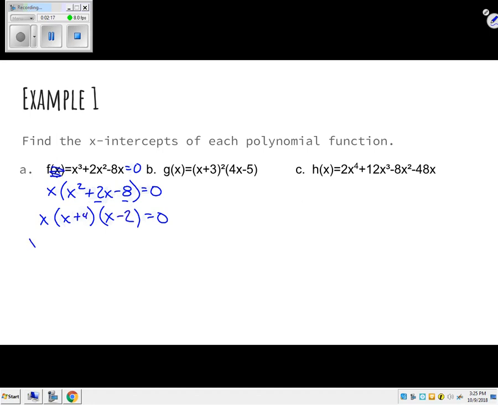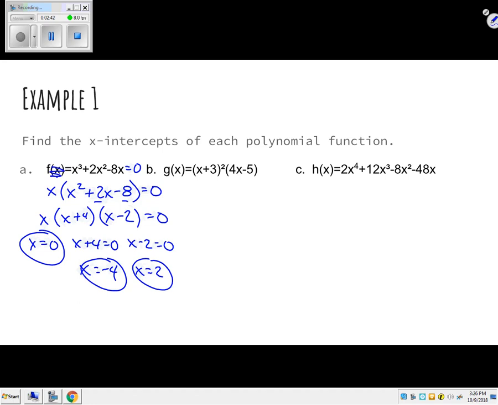Set each one of these equal to 0. And I get my three solutions, x equals 2, x equals -4, and x equals 0. So these will be the three places that it touches the x-axis if I was to graph them.